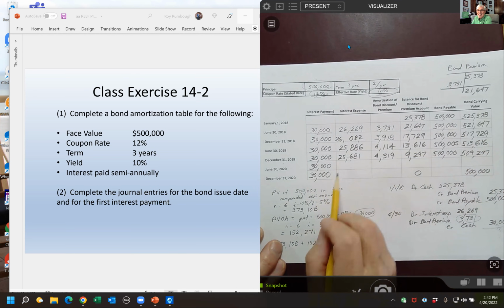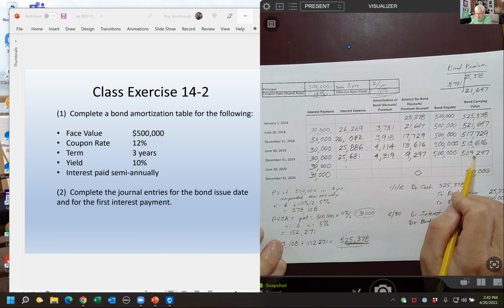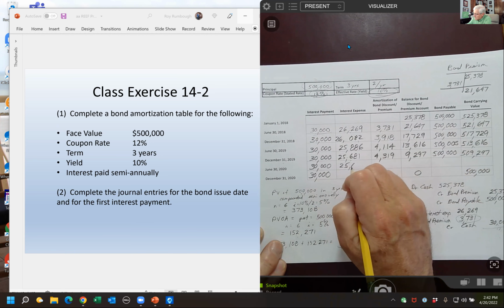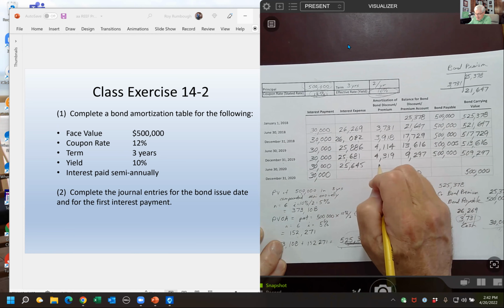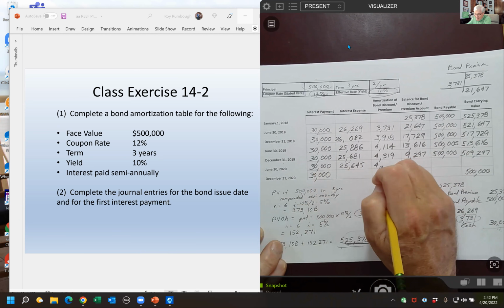Again, same thing. Really easy when you start. If you work it a few times, you'll have this down. 5% times 509,297, 25,465. And the difference between 30,000 and 25,465, 4,535.